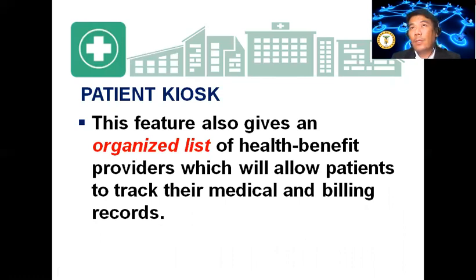So if the client may need, for example, for purposes of processing documents for insurance, this tracking of documents to submit to a social worker, or rather DSWD or a specific charity organization, the patient kiosk may have this access upon the hospital's provision of giving rights for him to have the access for such requirements.